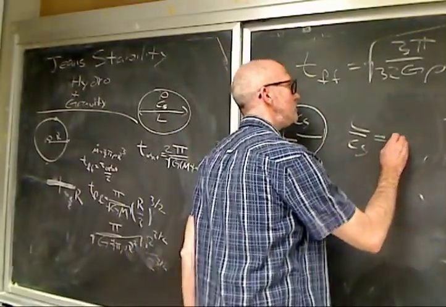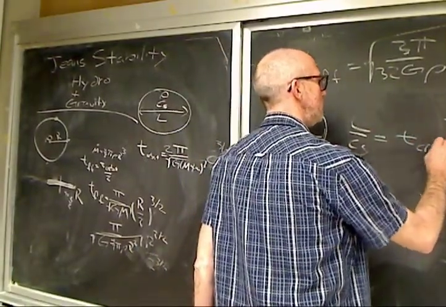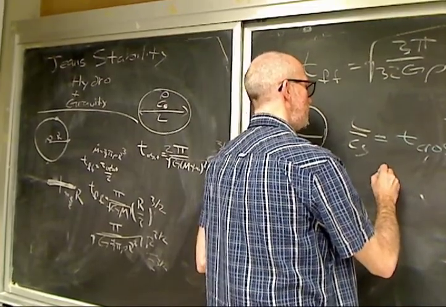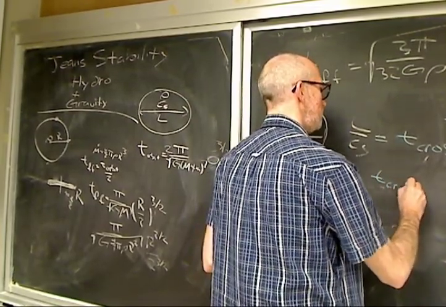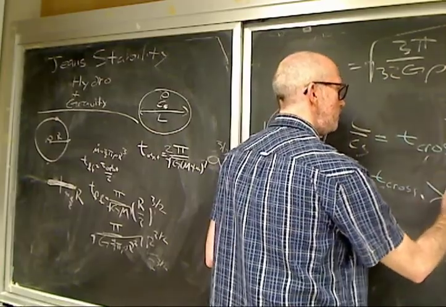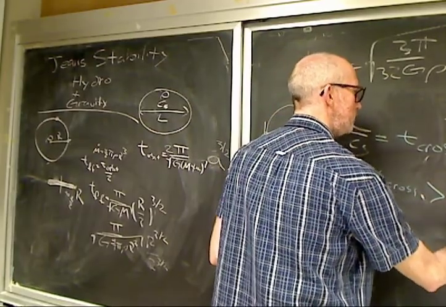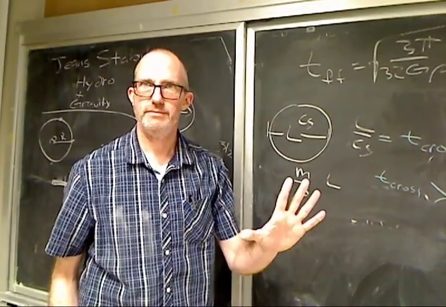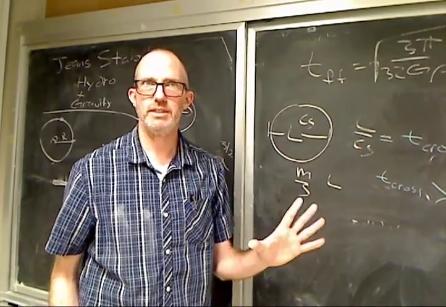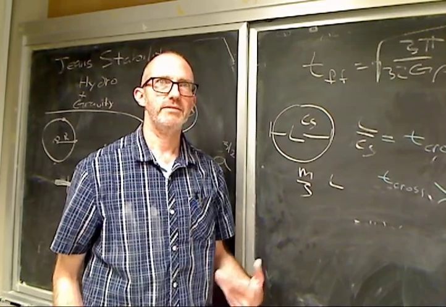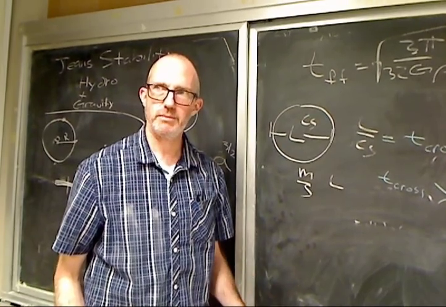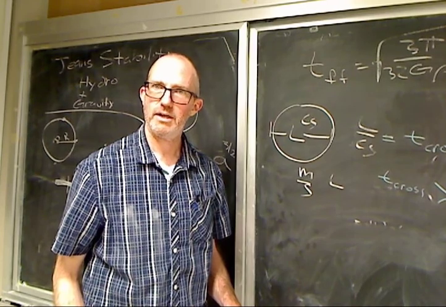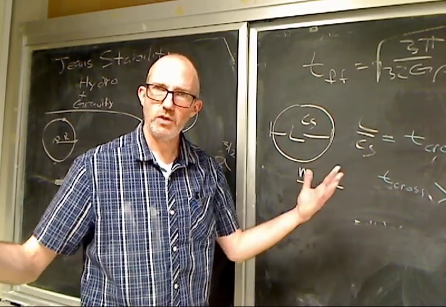So this is equal to... so if t cross is larger than t free fall, is it going to collapse or is it going to be supported? If the crossing time is longer than the free fall time. So we've got these two competing forces.